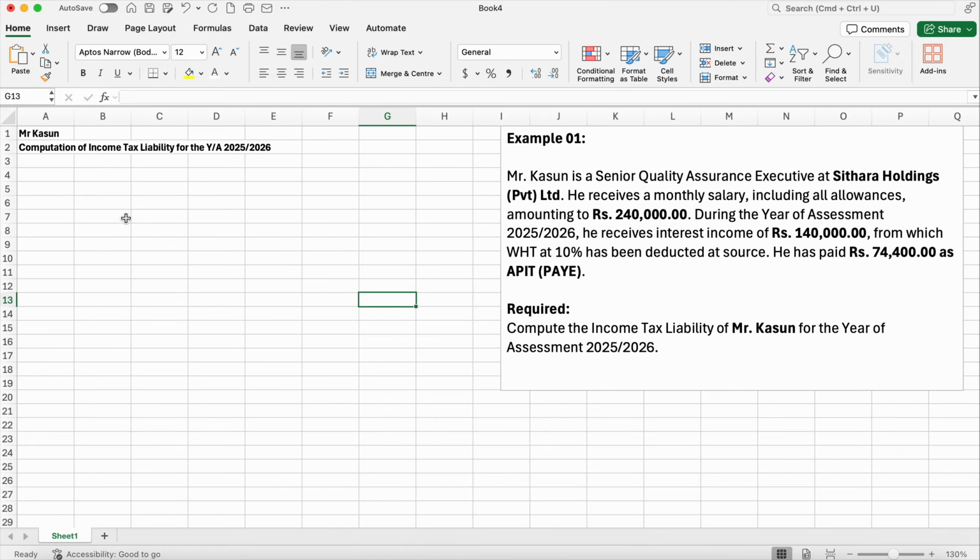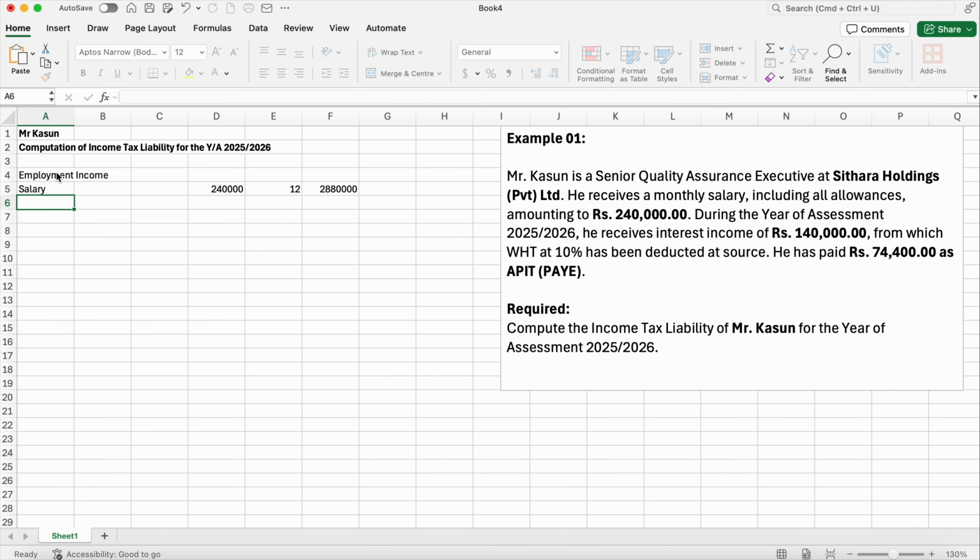So then let's move to the question. What is the main income under employment income? Under employment income, we can say salary including all the allowances, that is 240,000 per month, and that is 12 months for the year.